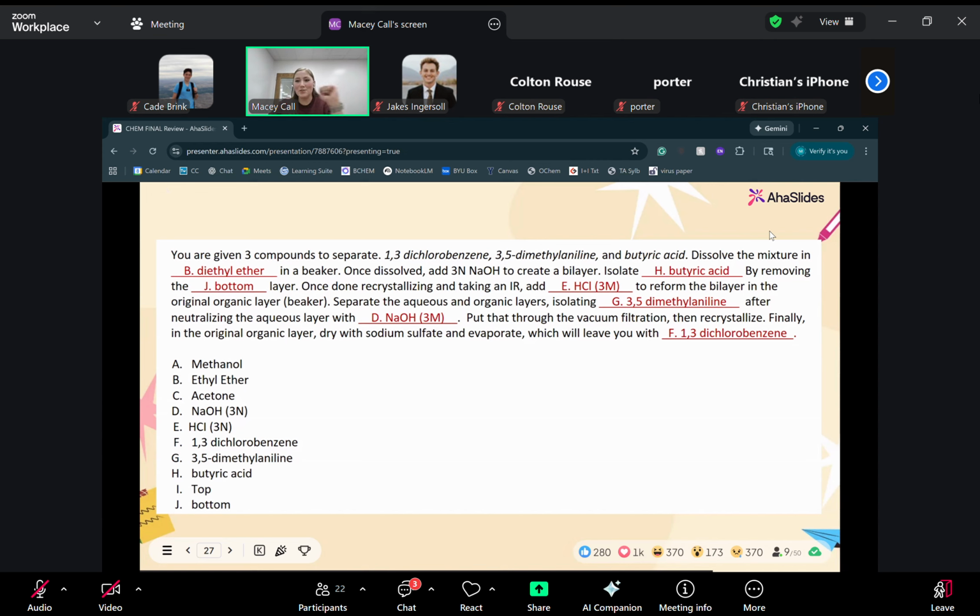We do not use acetone in extractions. So NaOH, HCl, and then my products. Obviously, I'm not going to suspend it in my products. That would be kind of pointless. Okay, so ethyl ether or diethyl ether, they're the same thing, fun fact. So I'm going to dissolve my mixture in my organic solvent, diethyl ether.